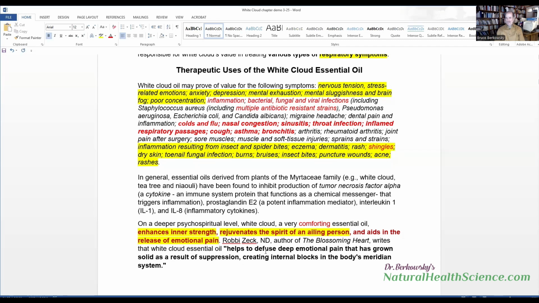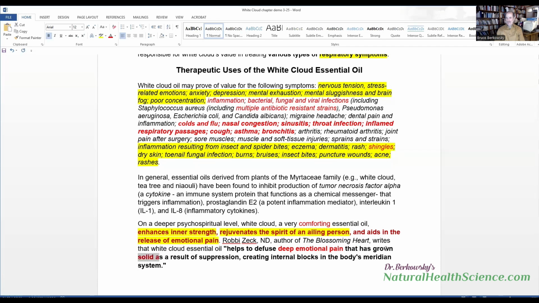Robbie Zeck, ND, naturopath, author of The Blossoming Heart, writes that white cloud essential oil, quote, helps to diffuse deep emotional pain that has grown solid. Bear that one in mind. So what would growing solid be?